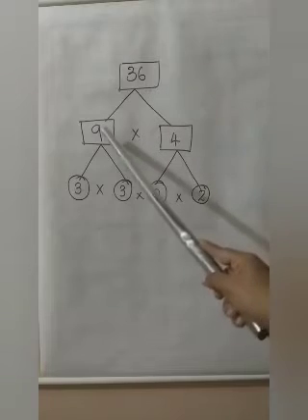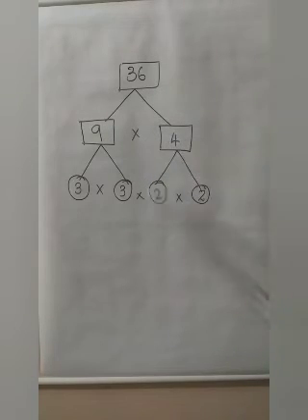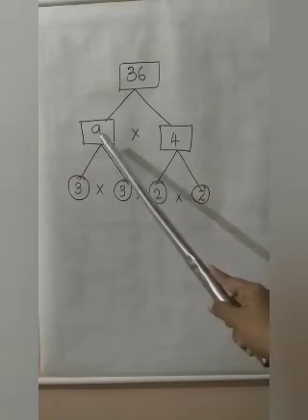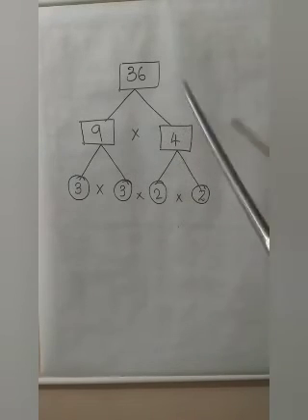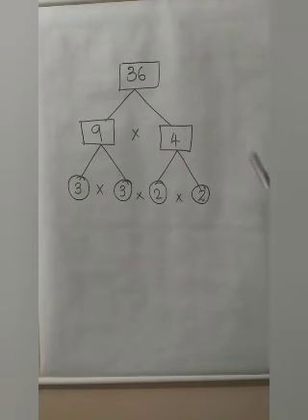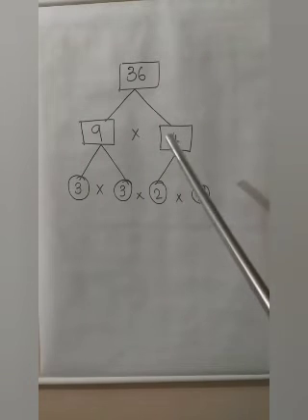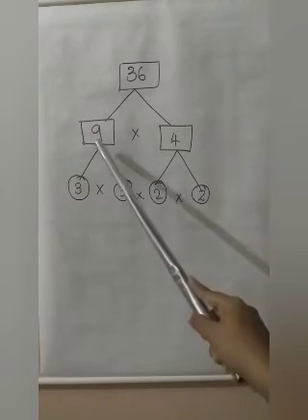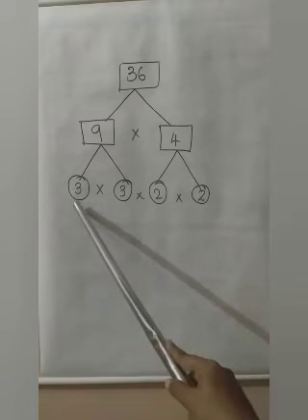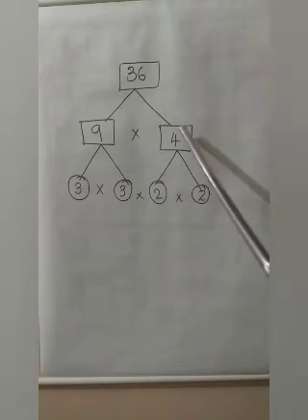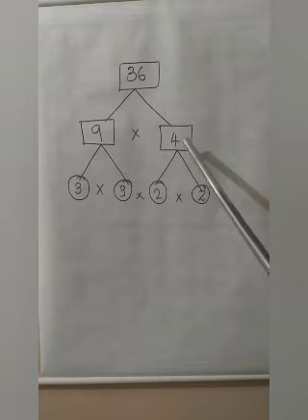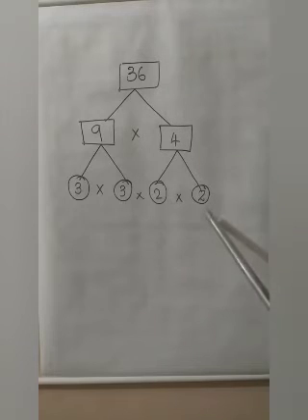What are they? 9 and 4. In the earlier case I took 2 into 18. Now I took 9 and 4. Are 9 and 4 prime? No. So again we have to factorize. This 9 we factorize as 3 into 3, and 4 as 2 into 2.